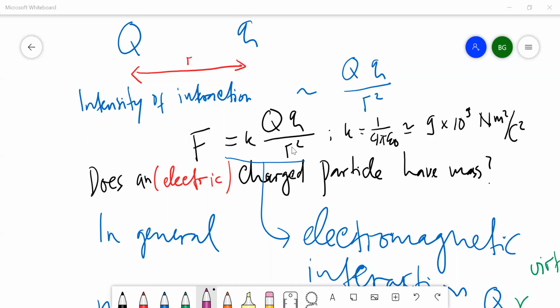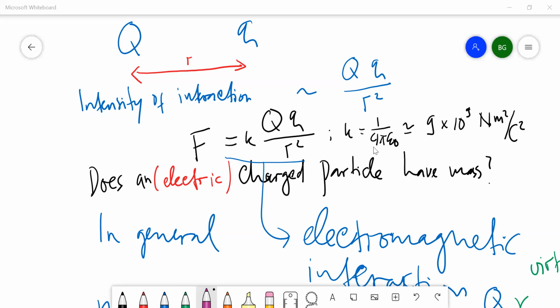So this interaction doesn't involve the mass of the particle, okay? So we could raise a question: does an electric charged particle have a mass? Hello, sir.